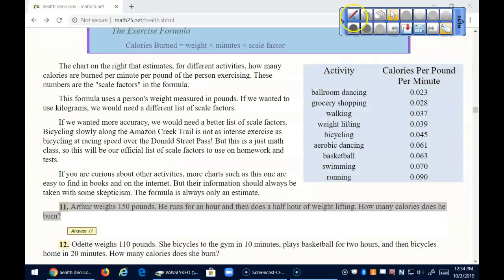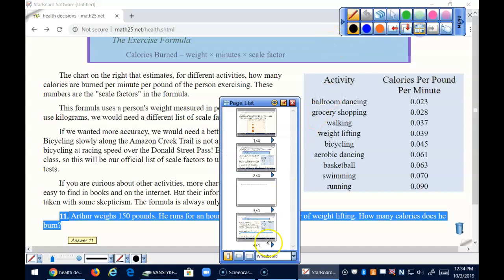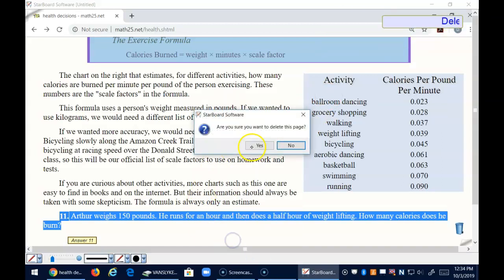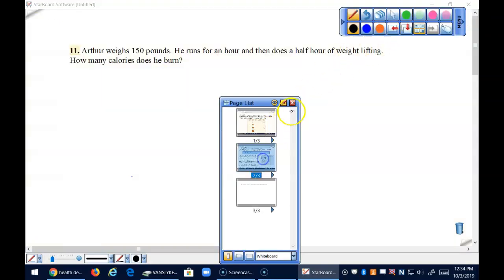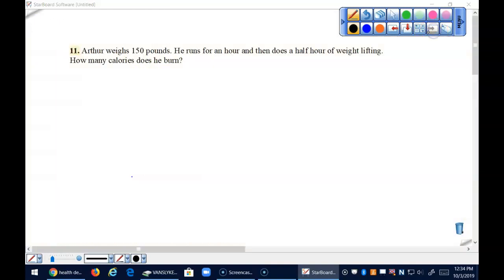So running is, whoops, I don't want that. I wanted to go this way. So running is 0.09, and then weightlifting is 0.039. So let's put that on our page. 0.09.